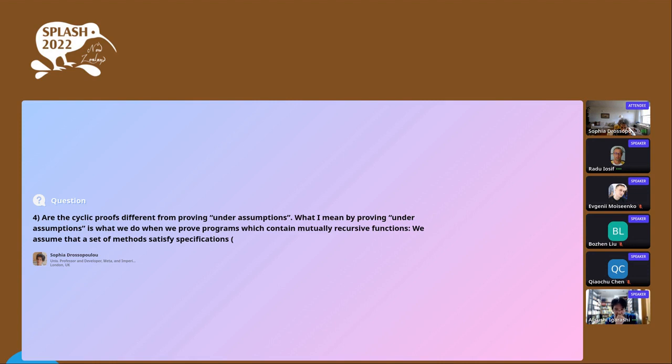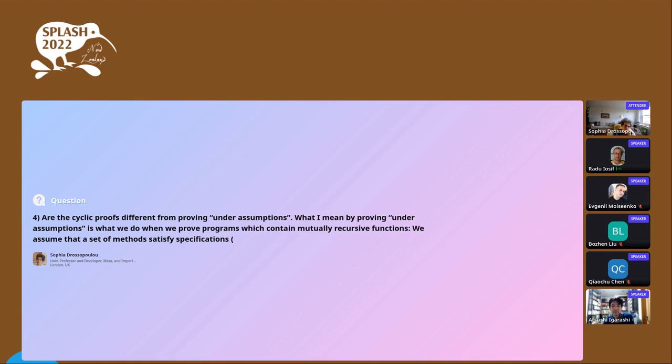What we do is we have a signature for each of the mutually recursive functions, and we prove that each of the bodies, under the assumption of those signatures, satisfies the signature. Or do you need to do these cyclic proofs because you are also searching for the signatures while you're proving?